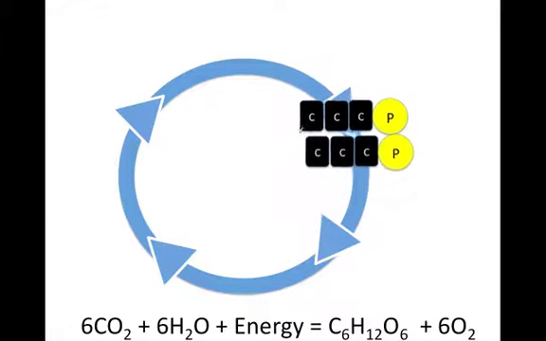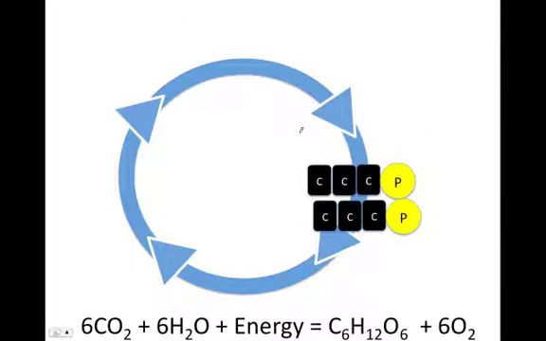We're going to move down our Calvin cycle a little bit. We're going to bring in ATP. It's going to be reduced down to ADP, freeing up a phosphate. That energy that's produced when we break off the phosphate from the ATP is going to be used to catalyze the covalent bonding of this phosphate to our 3-carbon 1-phosphate molecule.